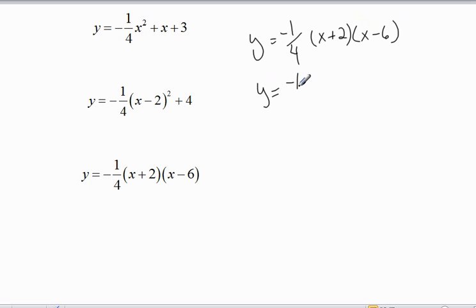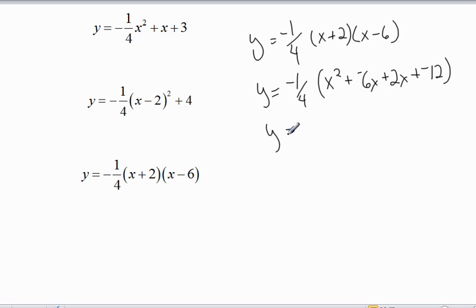And I'm going to multiply the two binomials together. First multiplication will give me an x squared. Second multiplication will give me a negative 6x. Third multiplication will give me a 2x. And the fourth multiplication will give me a negative 12.